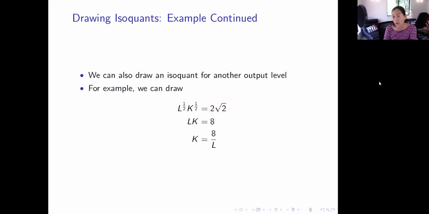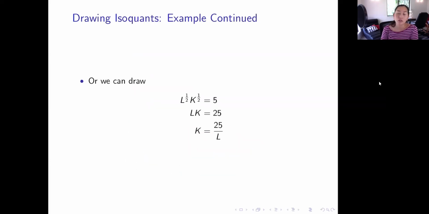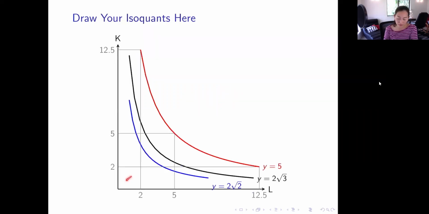So actually this is a smaller output level. So you have an isoquant for the output level equal to 2 times the square root of 2, based on this equation. And then you get this, okay? Or you can draw the higher isoquant when Q is equal to 5, and you get something like this one. Okay.